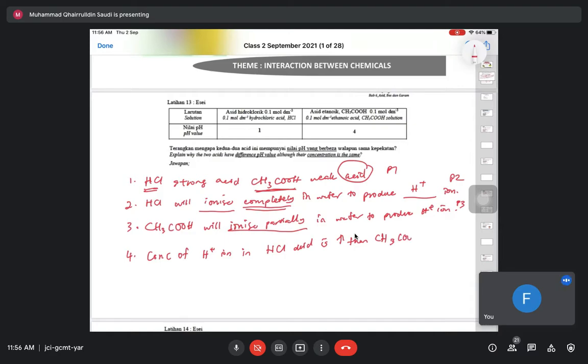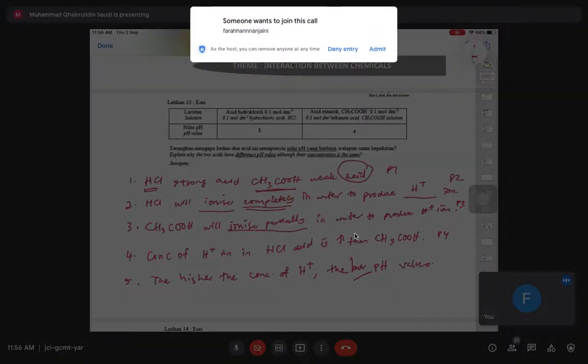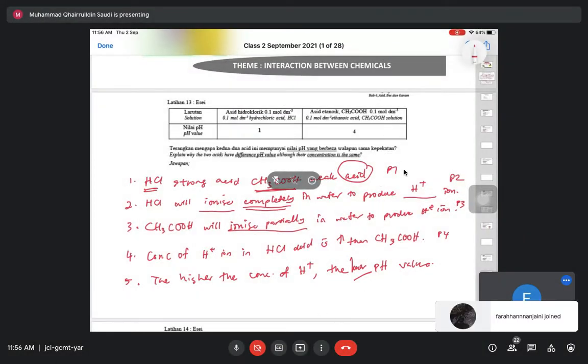And then the last point: the higher the concentration of hydrogen ion, the pH value? The lower the pH value. Good. So 5 points there. It is easy to handle this kind of question. So you should be able to get 5 out of 5 for this question.